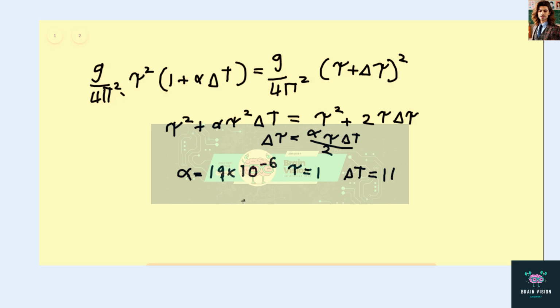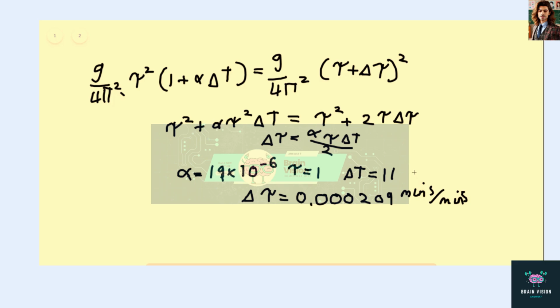We get that delta tau is equal to 0.00209, and this is mins per min. In principle, it would be unitless, but it just makes it easier to see. It's basically just a ratio.